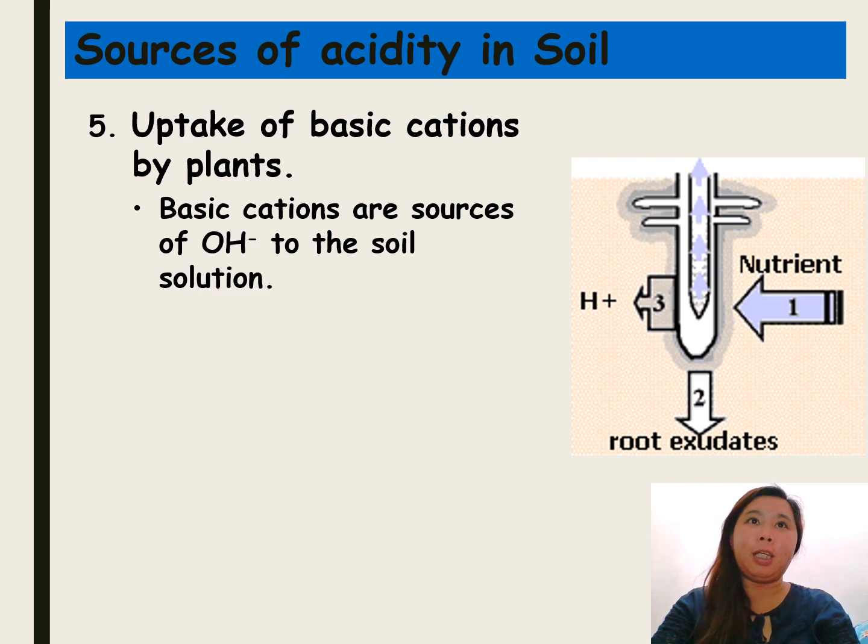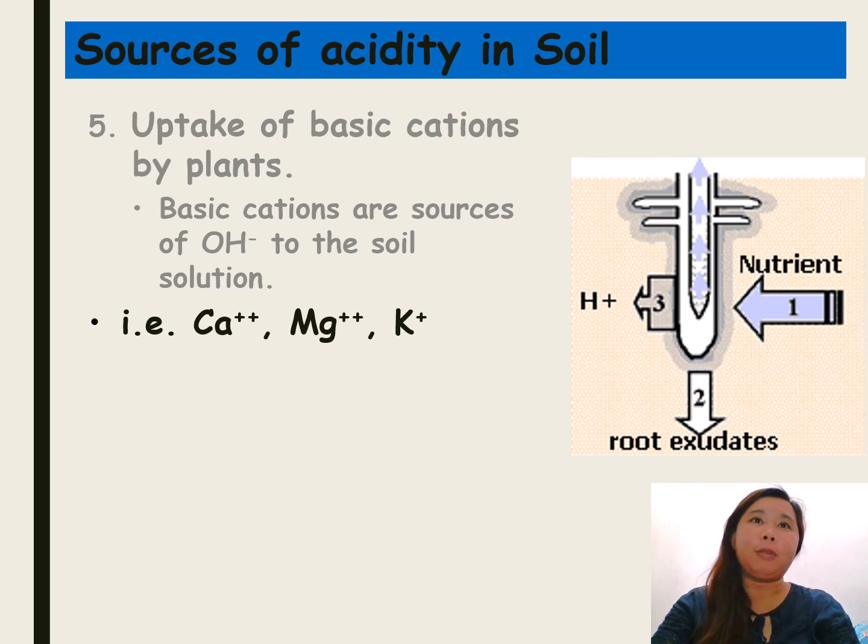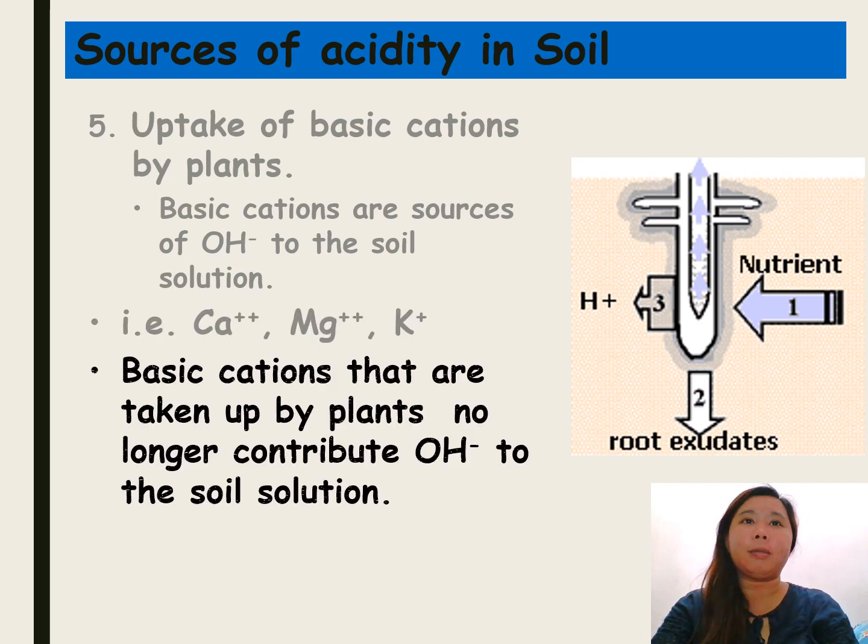Another source of acidity is the uptake of basic cations by plants. Basic cations are sources of hydroxyls to the salt solution. Examples of basic cations are these three: the calcium, magnesium, and potassium ions.